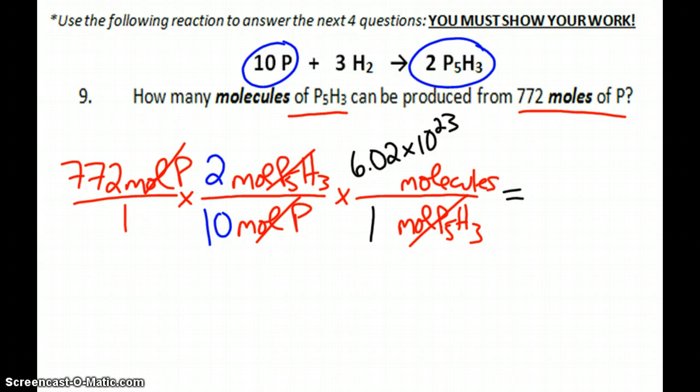So 772 times 2 times Avogadro's number, and then divide that by 10, and that's how we get the 9.29 times 10 to the 25th molecules.